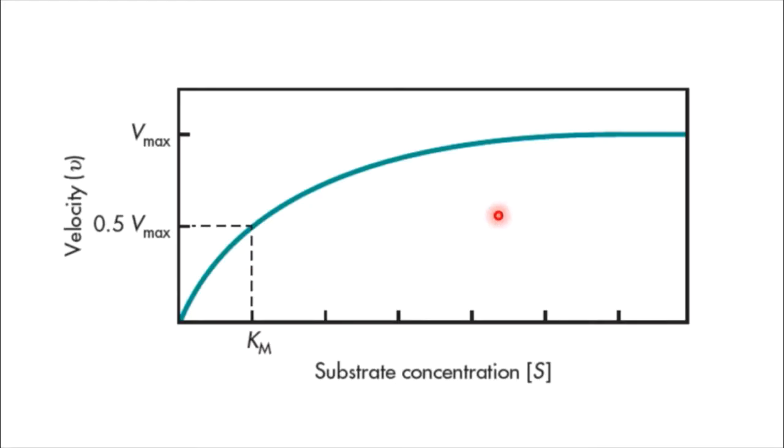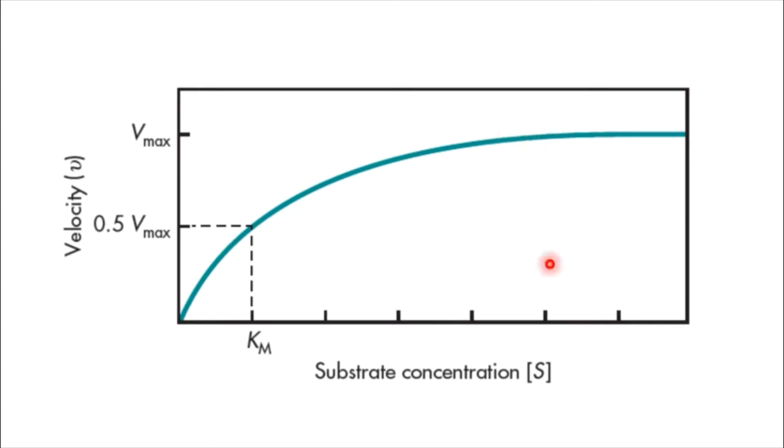This can be shown here in this figure, where the x-axis represents the substrate or drug concentration, and the y-axis represents the velocity at which the metabolic activity occurs. At the initial points, increasing the concentration of a drug will definitely increase the rate, or velocity, of metabolism. That's why increasing the concentration will increase the metabolic activity until we reach a point where the drug concentration is very high, and then this will saturate all the available enzymes for metabolism.